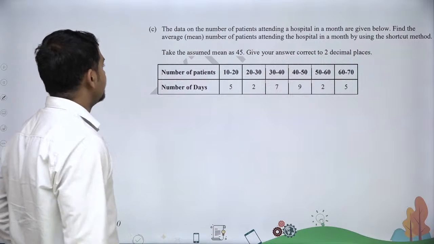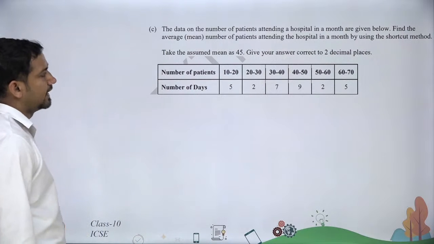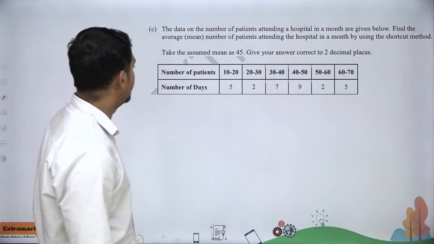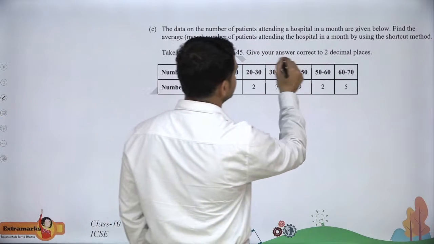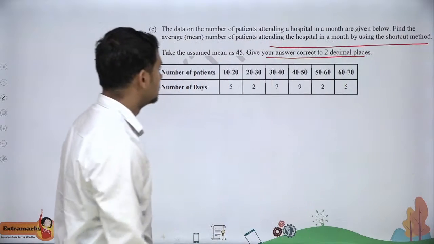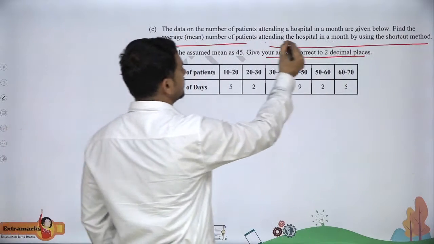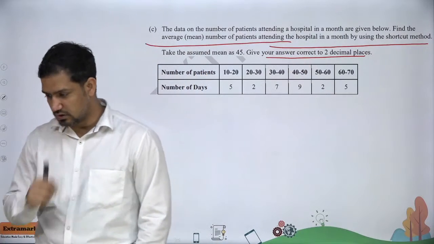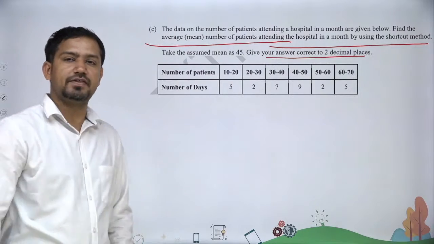Now, the data of the number of patients attending a hospital in a month are given below. Okay, so we have to find the mean by the shortcut method. See, the shortcut method, all of you know about the shortcut method, I think.